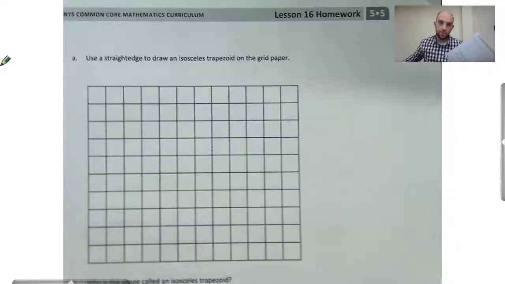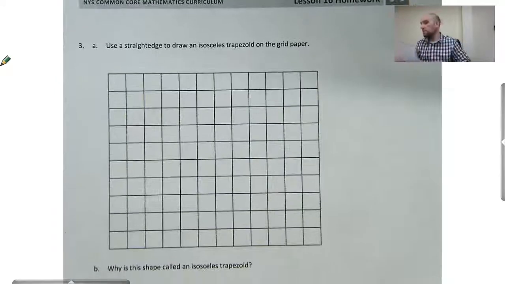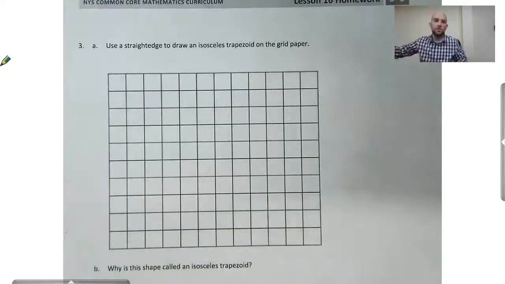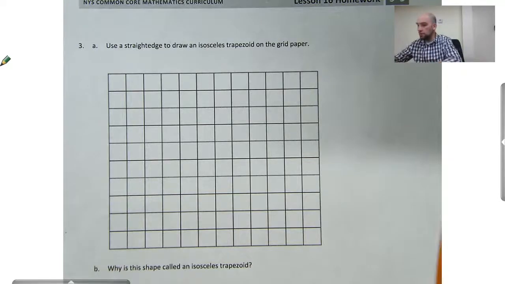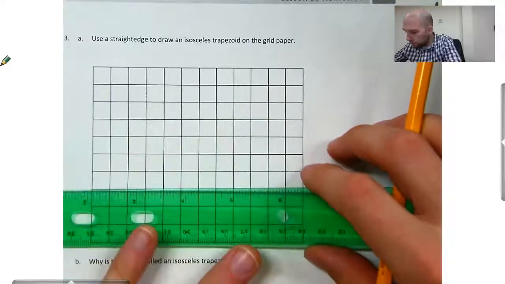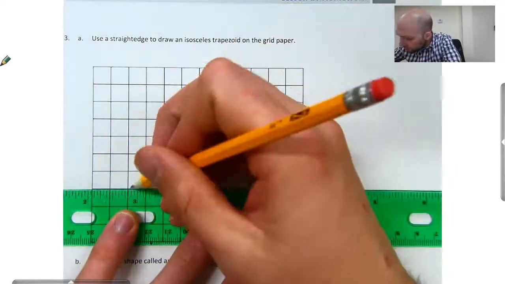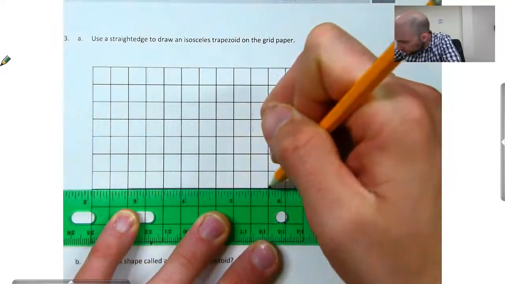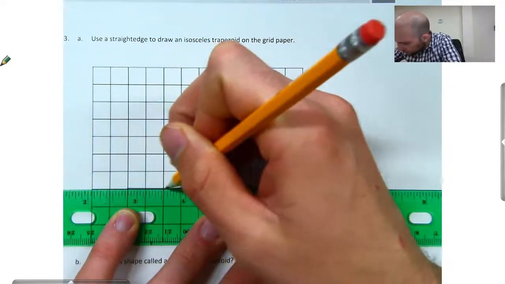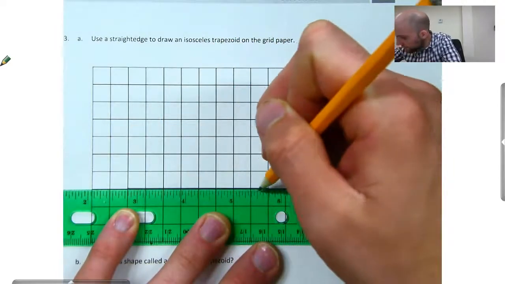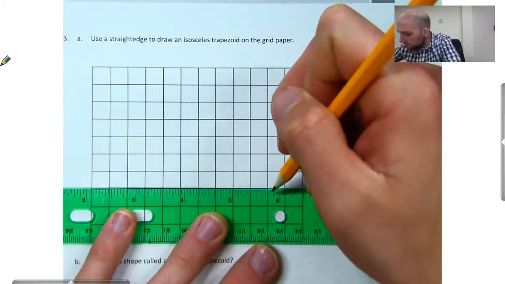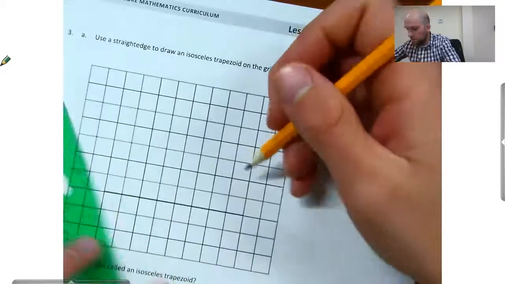So I'm going to flip to the next page here. This one says use a straight edge, so my ruler here, to draw an isosceles trapezoid on the grid paper. Well, we drew one just a little while ago. We'll draw a different one this time. Let's do 1, 2, 3, 4, 5, 6, 7 on the bottom.